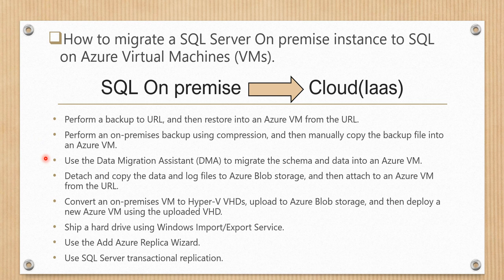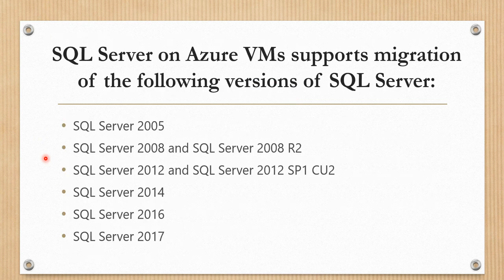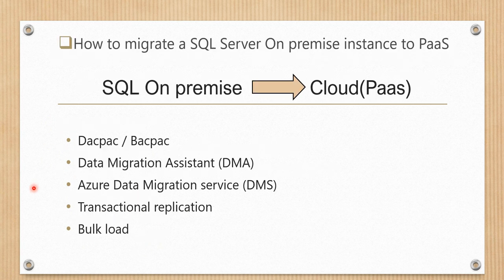Next, what versions are supported? To migrate to an IaaS instance, only the listed versions are compatible: 2005, 2008, 12, 14, 16. These are on-premise servers. Next, how do we migrate SQL Server on-premise to a PaaS instance?